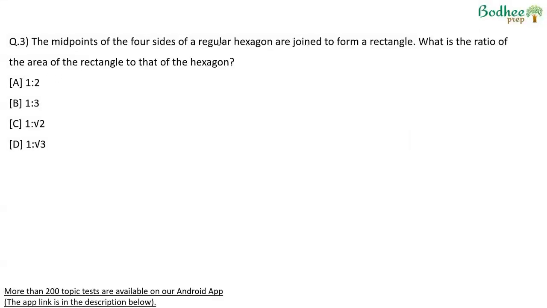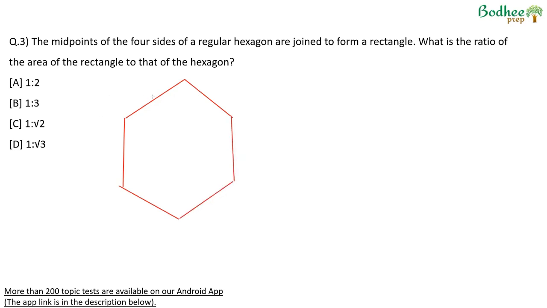The midpoints of four sides of a regular hexagon are joined to form a rectangle.